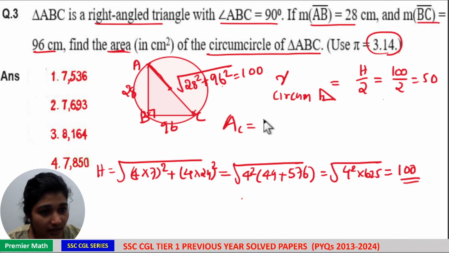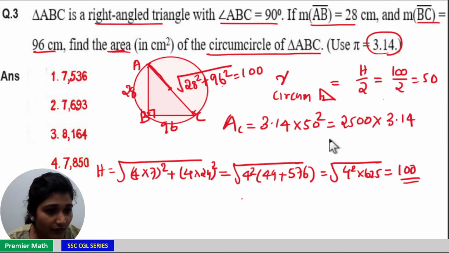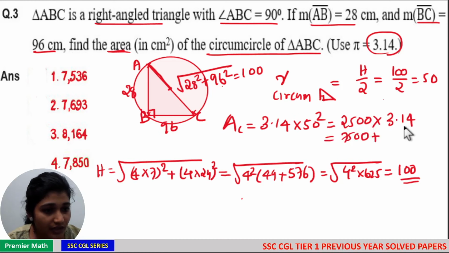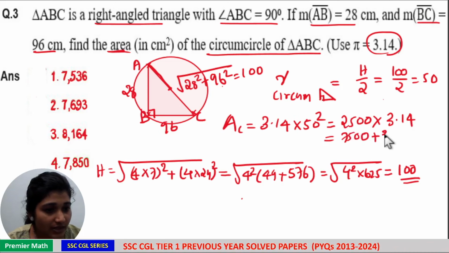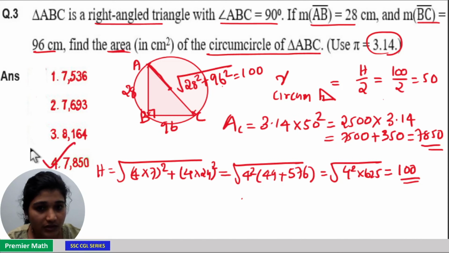Take pi as 3.14. So 3.14 into 50 square, which is equal to 2500 into 3.14. 2500 into 3 is equal to 7500 plus 2500 into 0.14 means 25 into 14, which is equal to 350. So this is equal to 7850. Option 4 is your answer.